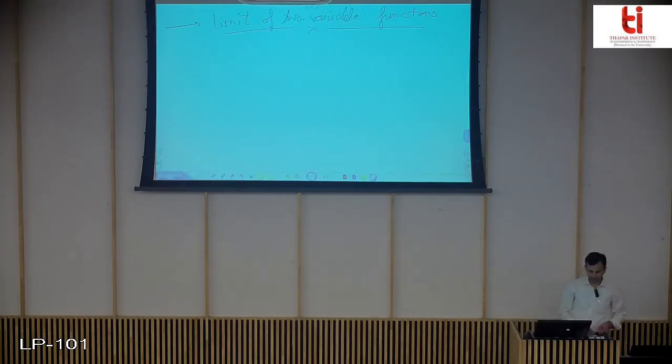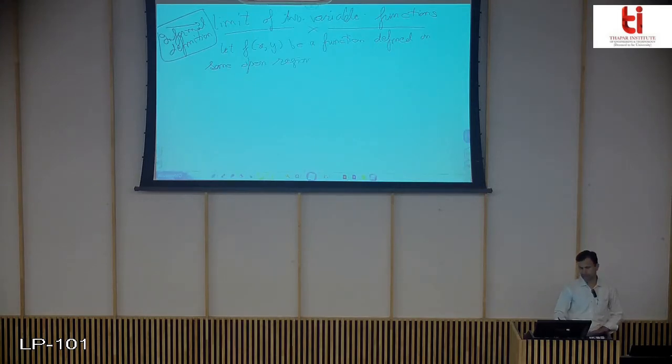Before this we have done limit of single variable function. So let me write it here as an informal definition. This is not the formal definition, this is the informal definition of limit of two variable function. So what is the definition? Again, let f(x,y) be a function of two variables defined on some open region.